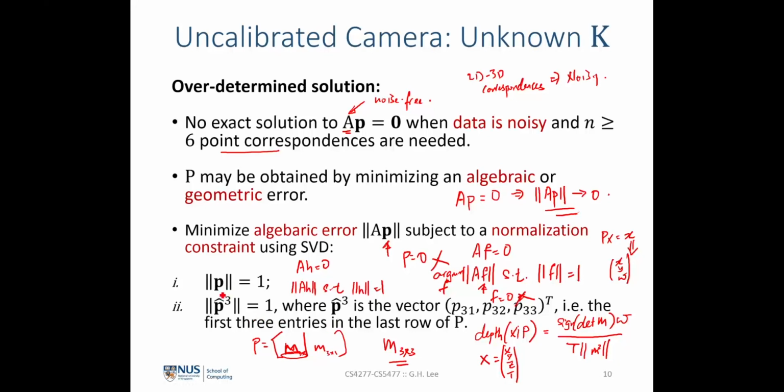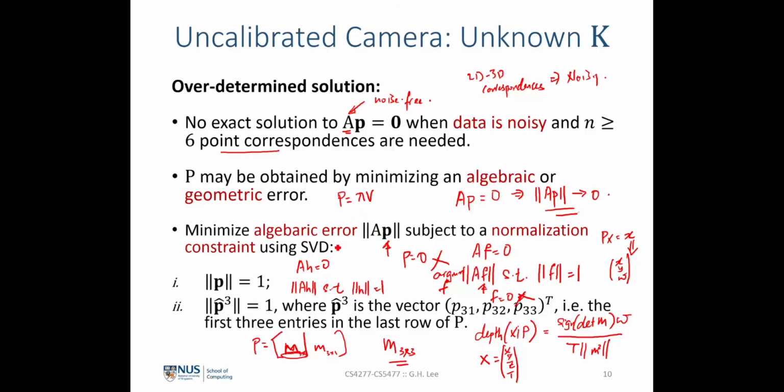And after we have solved for P using the SVD, we know that the solution of P is equal to a certain scale, which we call lambda, multiplied by the solution V. This corresponds to the least singular vector in the right null space, and multiplied by lambda it represents a whole family of solutions for this P vector.